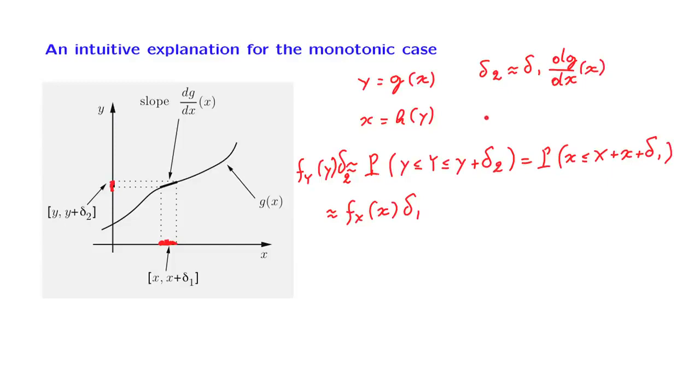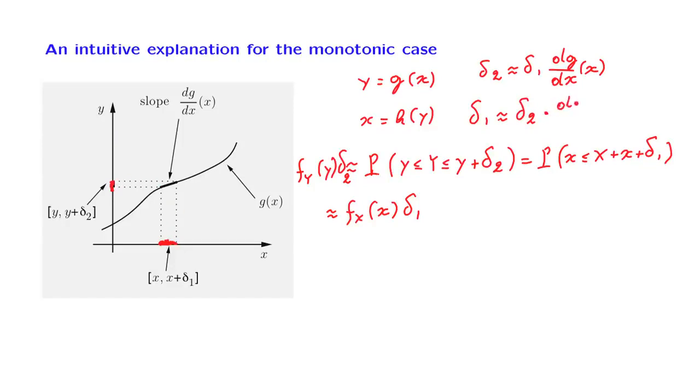However, it's more useful to work the other way, thinking in terms of the inverse function. The inverse function maps y to x, and it maps y plus delta 2 to x plus delta 1. When y advances by delta 2, x is going to advance by an amount which is how much y advanced times the slope, or the derivative, of the function that maps y's into x's.